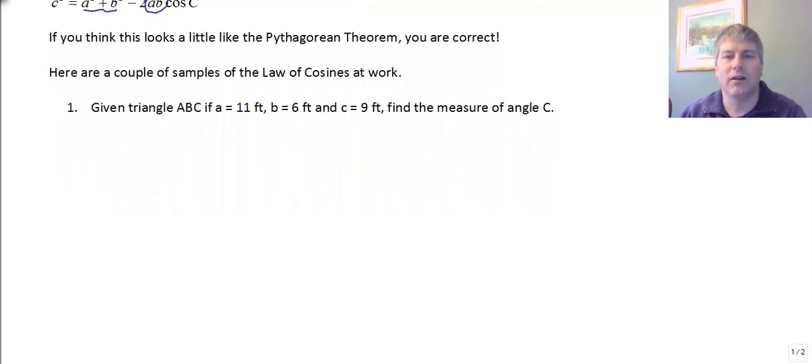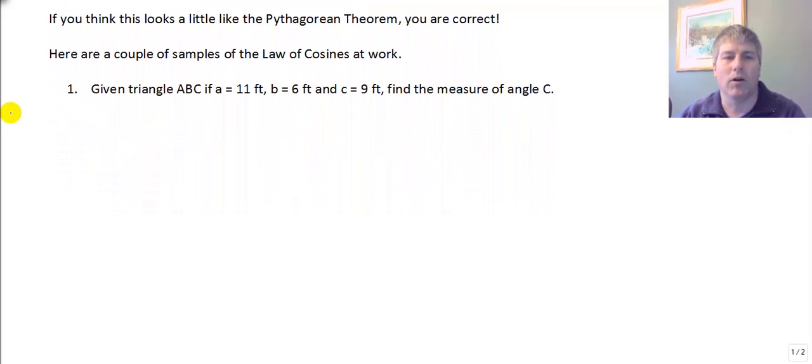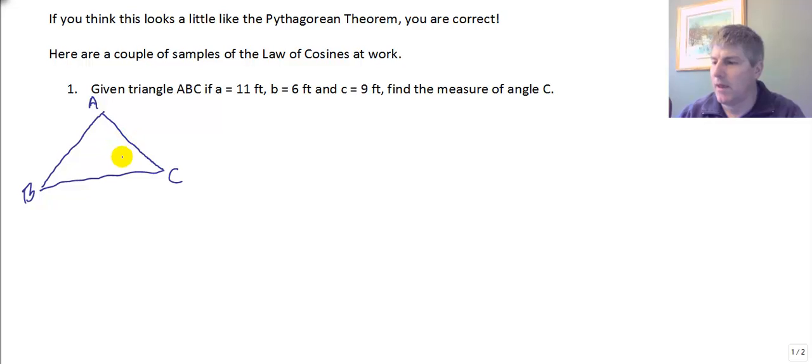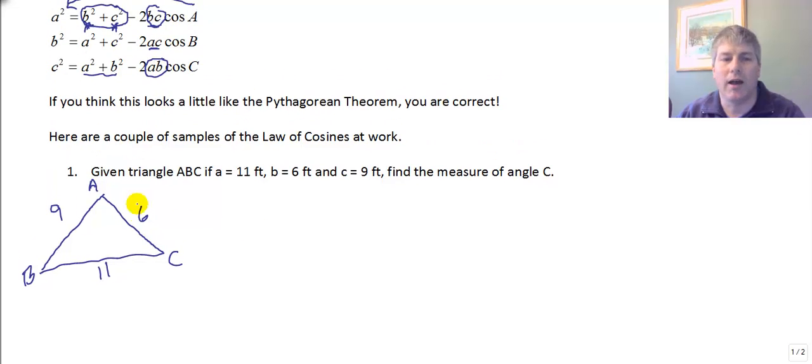So let's take a look at the law of cosines and see how it works. We have a given triangle ABC. And A is 11, and C is 9, and B is 6. We want to find the measure of angle C, so we have to use the law of cosines because we have side, side, side here.